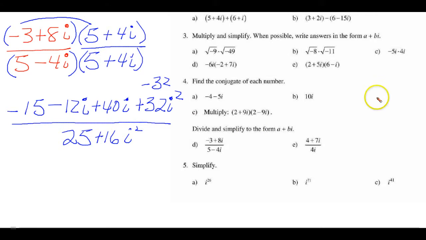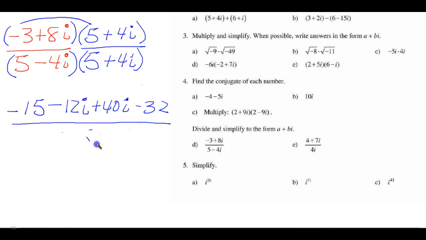So let's just do that, and we can save a little room here. So this is going to be a negative 32. And what will this be? A 41. So we showed you how to do it, and now we're just saving room a little bit.